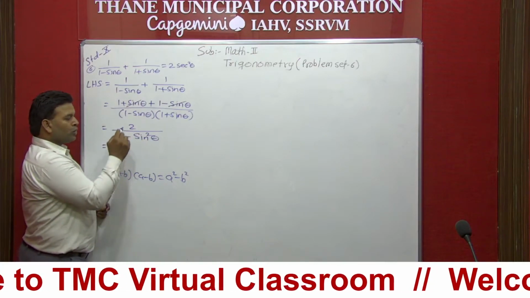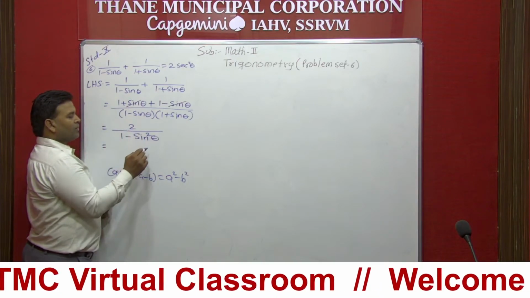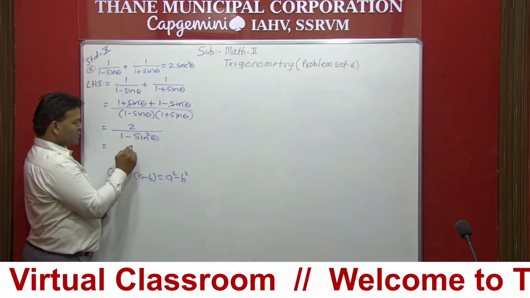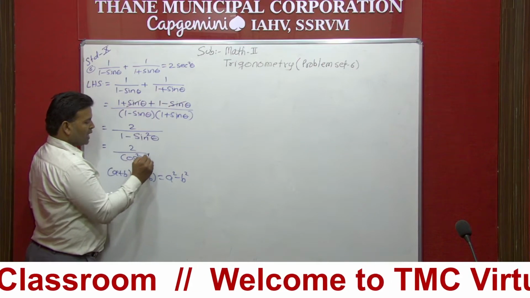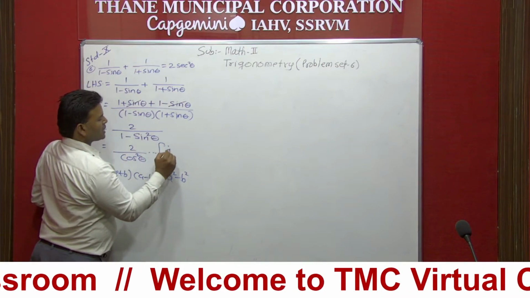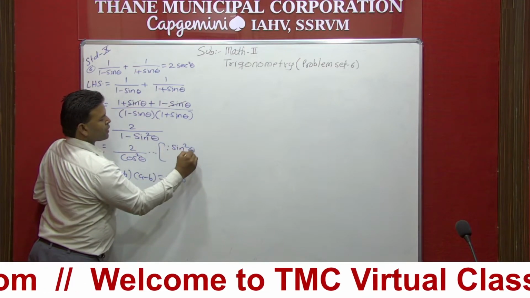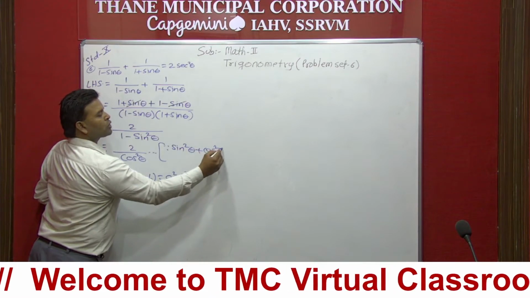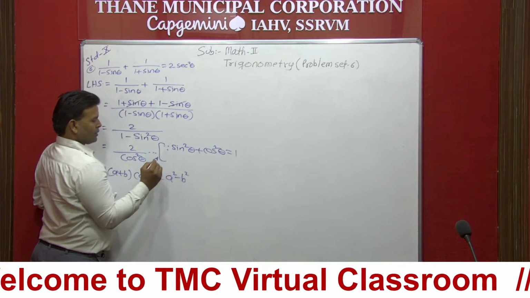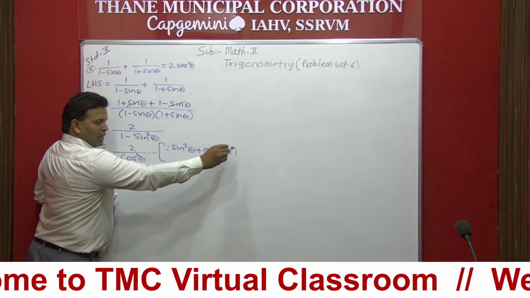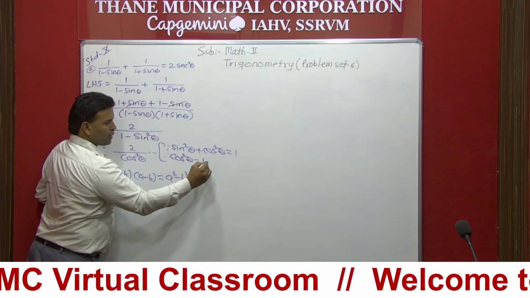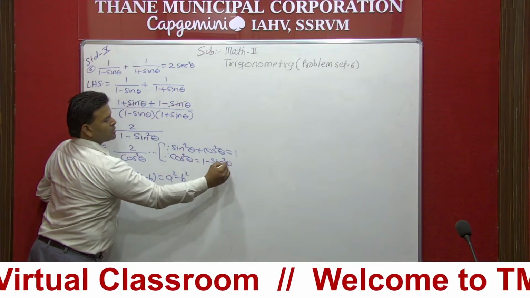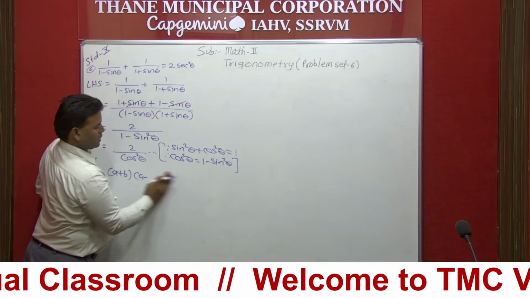So what I am going to do, I will write a formula instead of this, that is 2 upon cos square theta. And the formula is, since sine square theta plus cos square theta is equal to 1, this shifts here, therefore cos square theta is equal to 1 minus sine square theta.